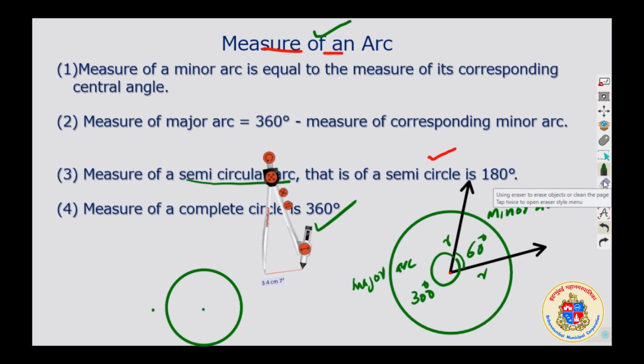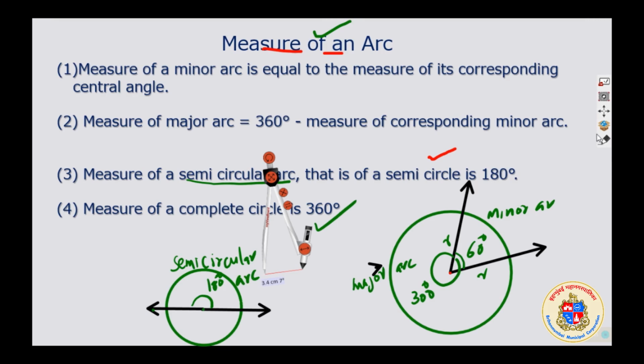To make an angle, I need one arm, and the second one I make from the same point, and the measurement of the angle will be 180 degree, because it passed through the center. Understood? So this arc is a semicircular arc. Semicircular means half circle. So this concept also should be clear to you.